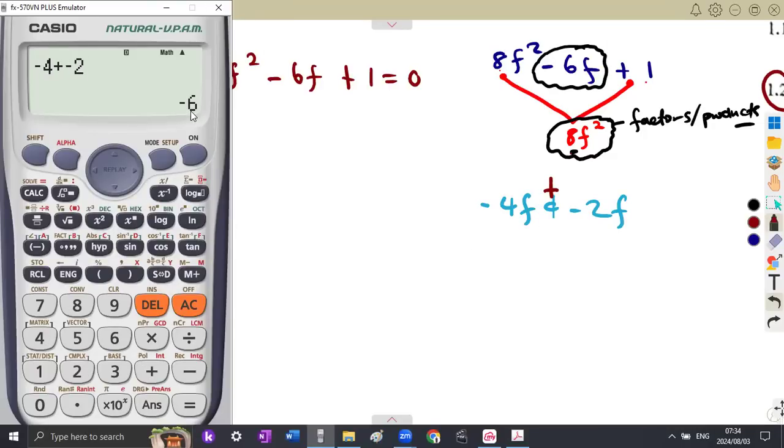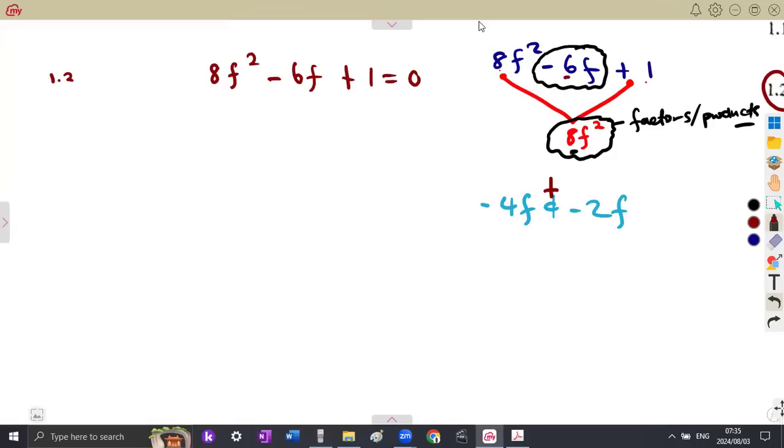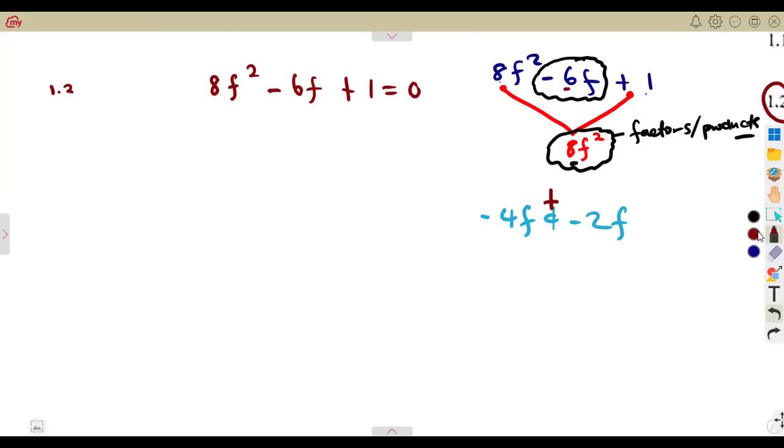That is a -6. The major part is when you multiply these, you get a +8. But if you add, you obtain the middle term, which is the -6. So with these 2 factors, we are going to substitute them into the middle term. Then we can factorize, all right?